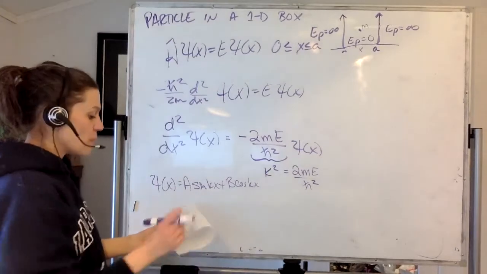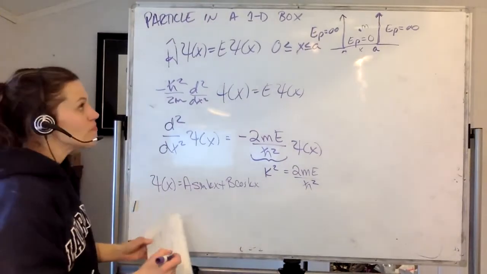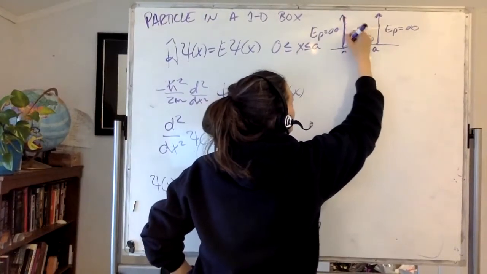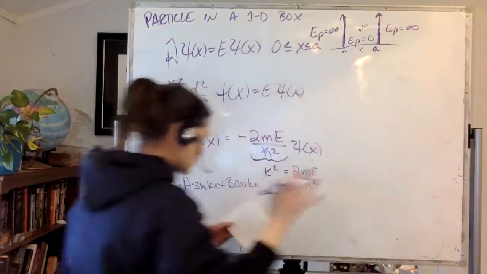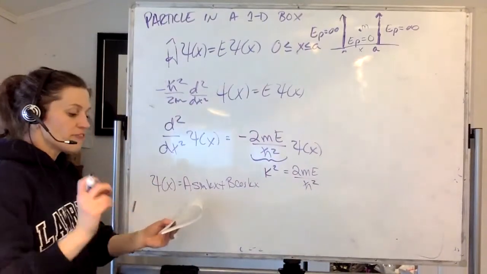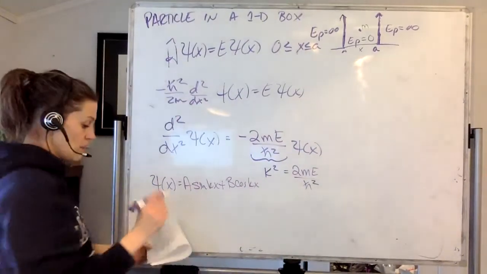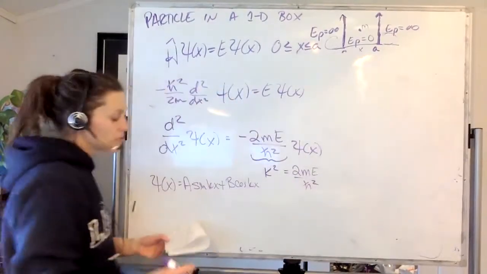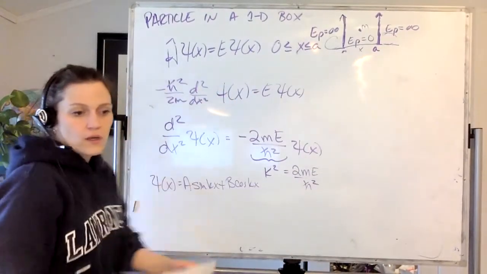So what is a boundary condition? Well, at the boundary, which is right here, this bit and this bit, the probability of finding the particle is 0 outside the walls. So over here and over here, the probability of finding the particle is 0.